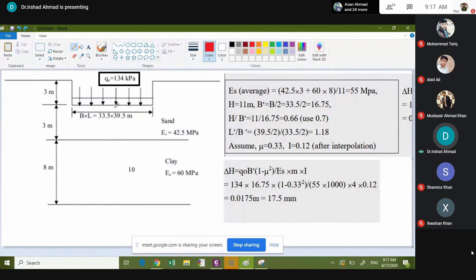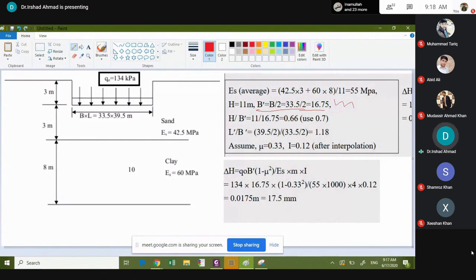Because you want to find settlement under the center of footing, B prime would be equal to B by 2, that is 33.5 over 2. B by 2, 33.5 meter. So here B prime is 32.5.